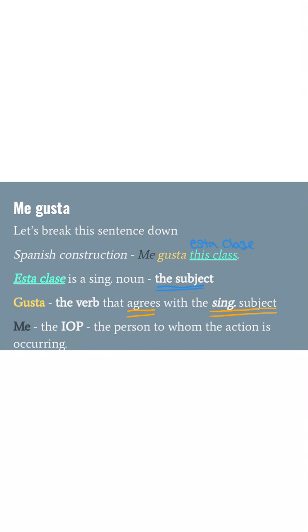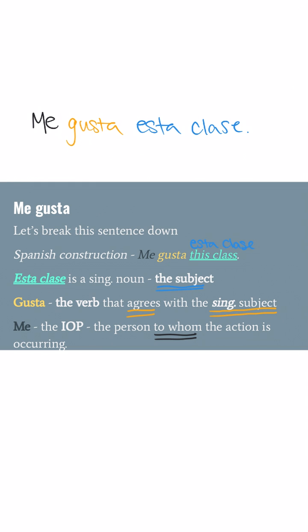And then "me," finally, is the IOP, or the person to whom the action is occurring, okay? So I'm going to go ahead and write that out myself as well. Make it nice and big. We have "me gusta," and then we have "esta clase." All right, so this class is pleasing to me.